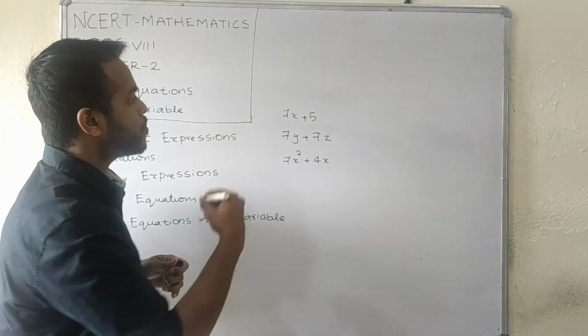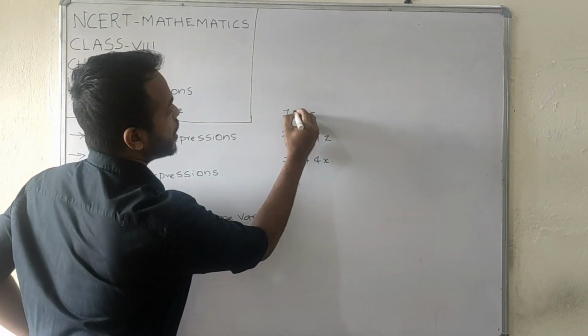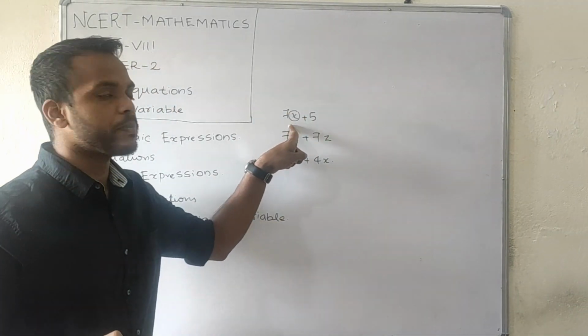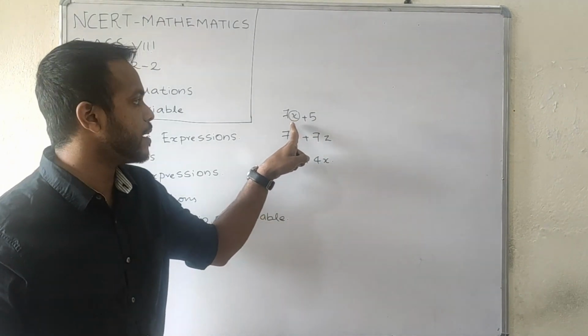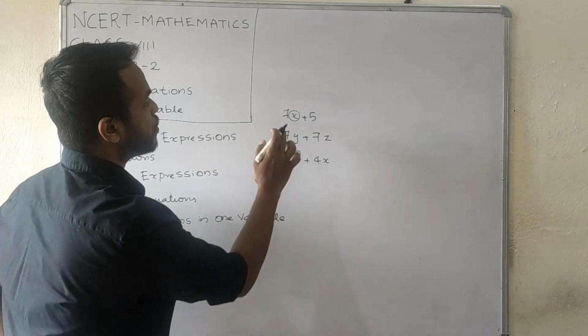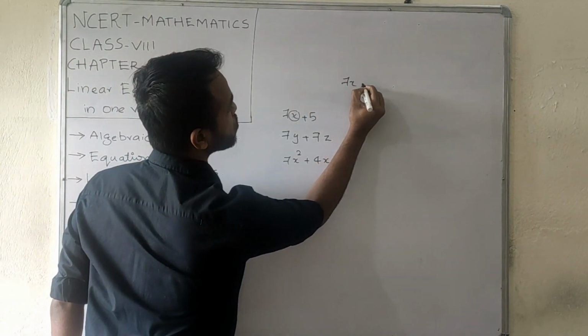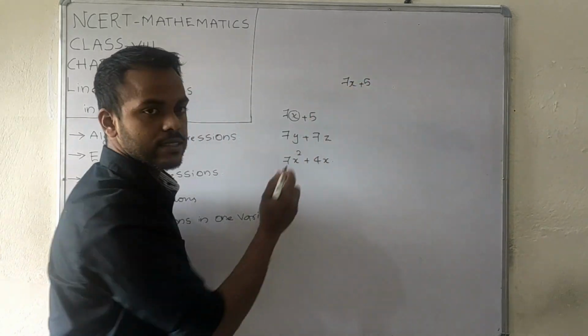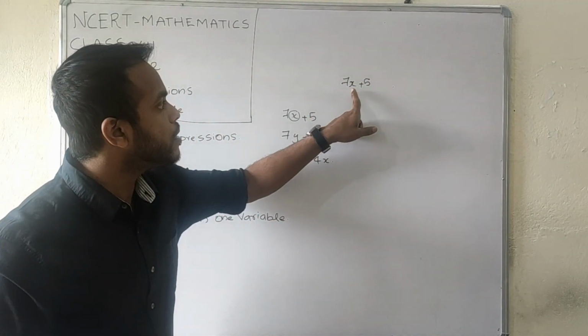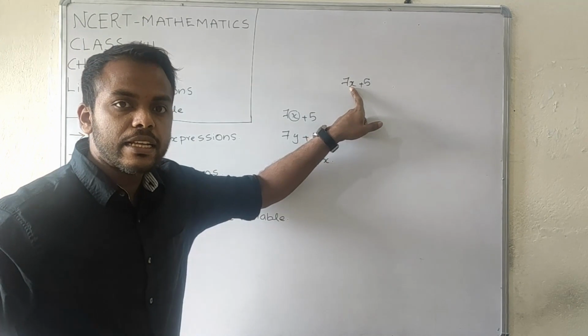What all things does this contain? There is a literal part. Literal means a variable part. We used to represent them by some alphabetical letters, so this can be of any value. For example, 7x plus 5. The first part is 7x, and the number can be any number here.